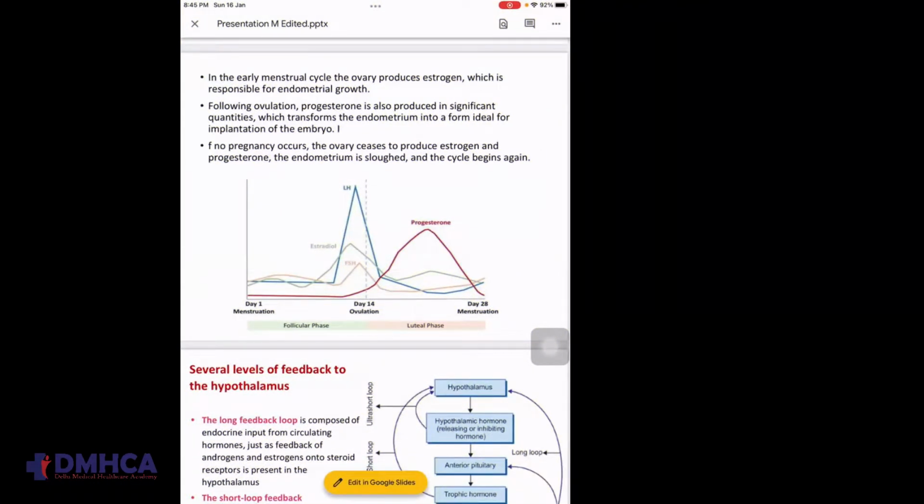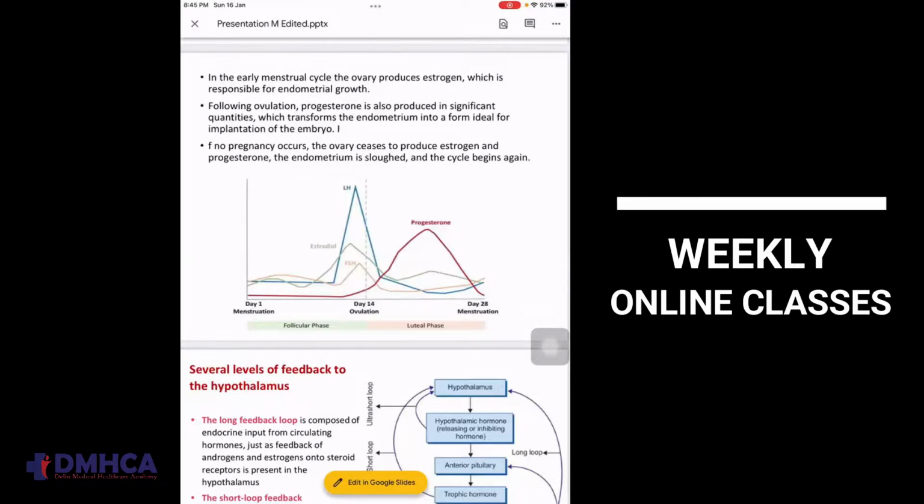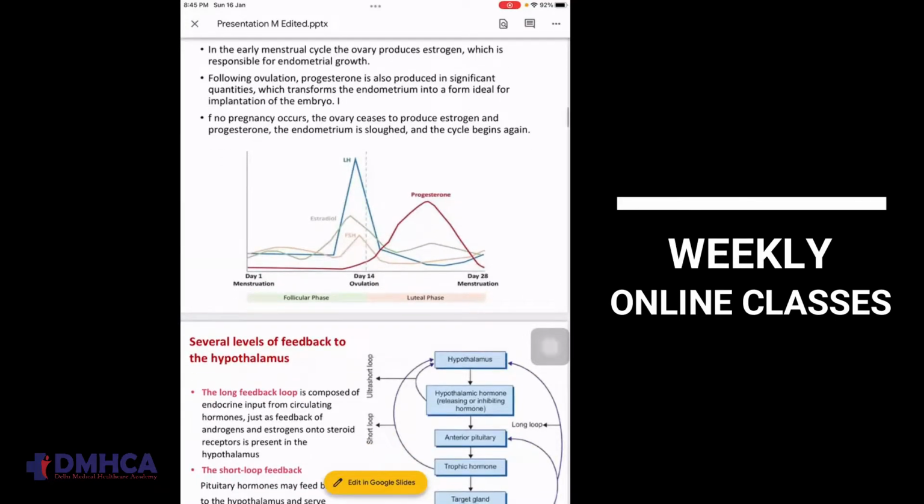In the early menstrual cycle, the ovary produces estrogen, whereas we know FSH equals estrogen equals early phase, which is responsible for the endometrial growth. Endometrium is growing in this phase. Following ovulation, the ovary produces progesterone, which transforms it into an ideal form for implantation. If no pregnancy occurs, the ovary ceases to produce estrogen.